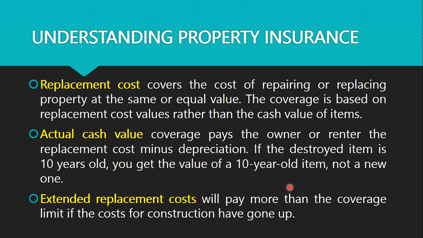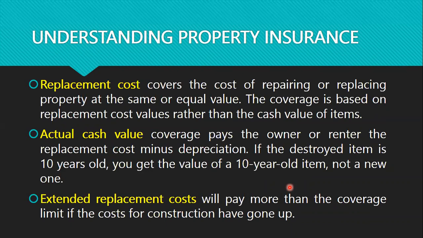Actual cash value coverage pays the owner or renter the replacement cost minus depreciation. So that means that they lose the value that they had over time because they were used or they stopped being new. If the destroyed item is 10 years old, you get the value of a 10-year-old item, not a new one, okay? This is important.